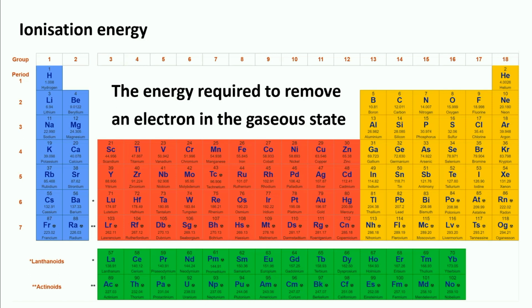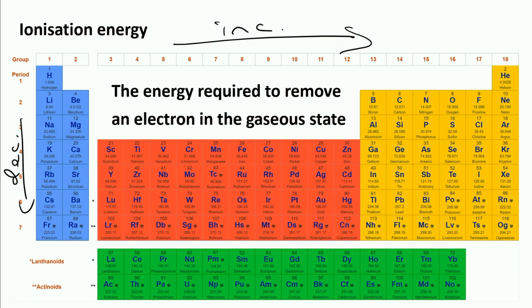So essentially, it's how hard is it to remove an electron. Now, the trend for this one is that as you go across the periodic table, the ionization energy increases. As you go down the periodic table, the ionization energy decreases. Okay, so essentially it's the opposite to the atomic radius.